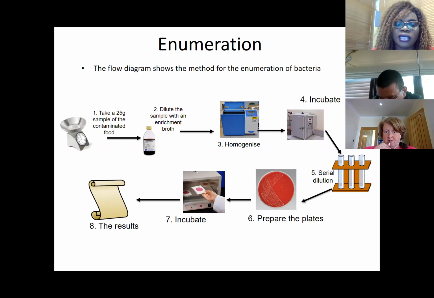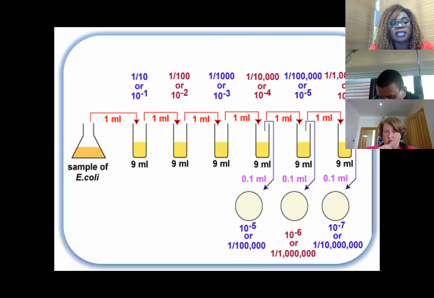So now moving on to serial dilution. I just want you to imagine, in terms of serial dilution, I've homogenized my cells, and this is my homogenate, this sample here. So I take 1 ml and I put it in a test tube.